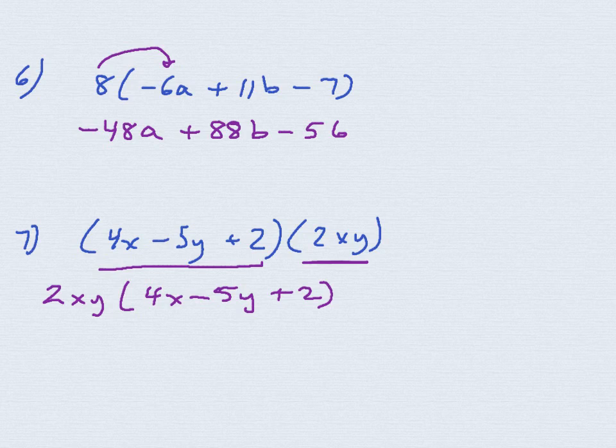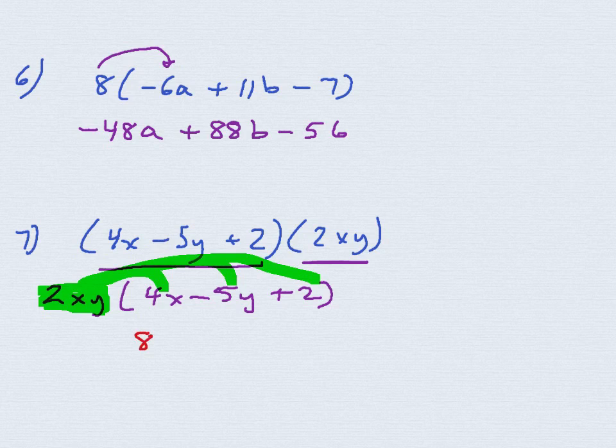Now to complete the question, you multiply the coefficient and the variable, the whole term in the front, by everything on the inside. Our answer is going to have 3 terms. To multiply these, you multiply coefficients, constants first. So 2 times 4 is going to give you 8.